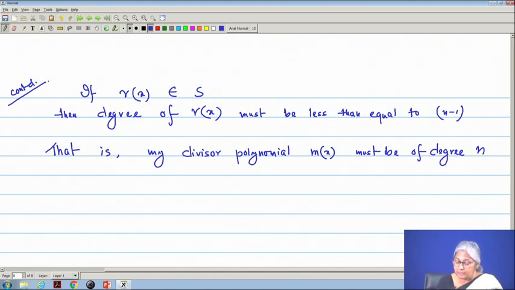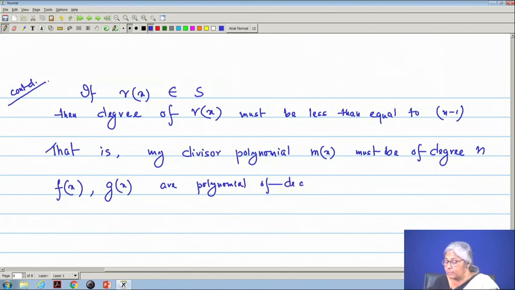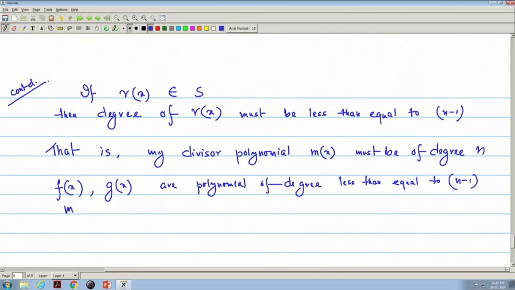So, now if we summarize, f(x) and g(x) are polynomials of degree less than or equal to n minus 1. m(x) is an irreducible polynomial, irreducible meaning it has no factor, which we have read earlier.